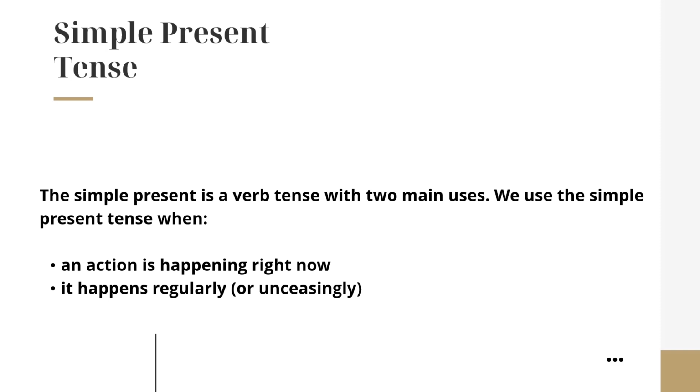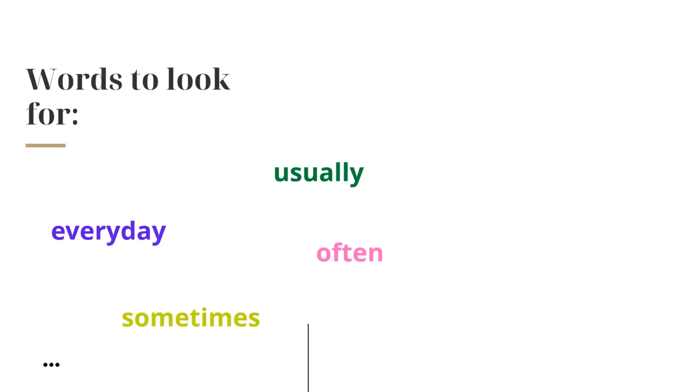Routine, something you do daily, like brush your teeth, take a shower, bathe, eat. Facts, things that are true. And even habitual things and things that happen frequently, how often something happens. Here are some words to look for. Usually, every day, sometimes, often.